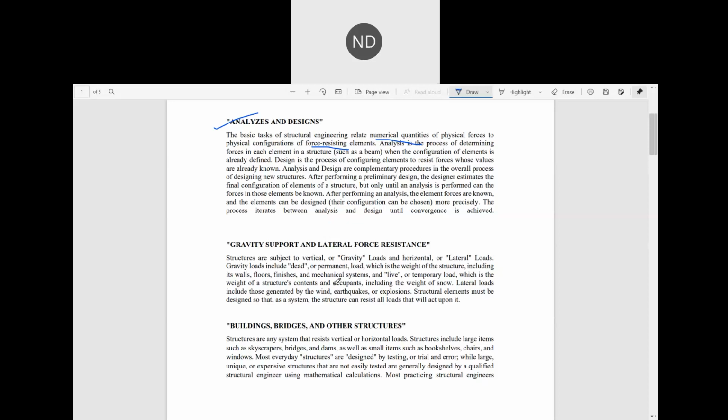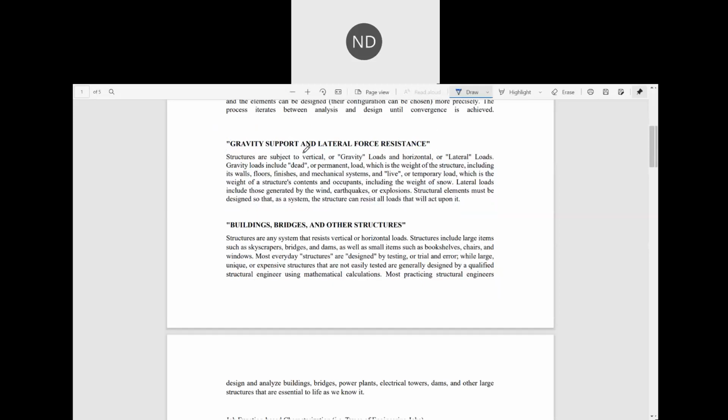Then we have gravity support and lateral force resistance. Structures are subject to vertical or gravity loads and horizontal or lateral loads. In the second unit we are going to talk about loads according to the IS code.